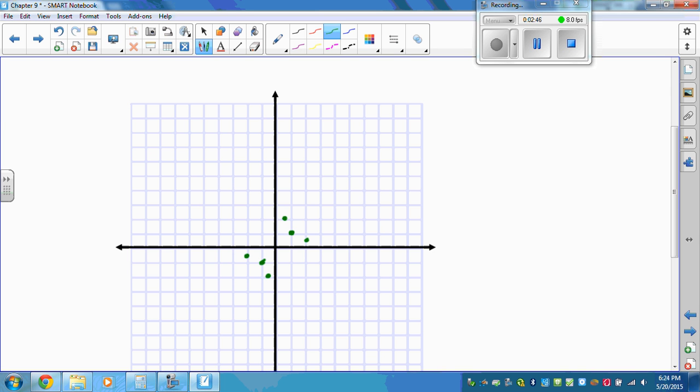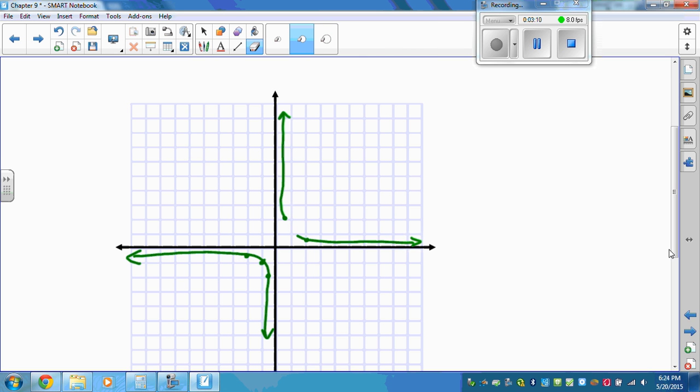In fact, if we put in more points, like a quarter, an eighth, or 1 over 1,000,000, it just keeps increasing up. 1 over 1/1,000,000th is a million. And as x gets bigger, this would get closer and closer to 0. Similarly, on this side, it looks something like this. So this is what the base graph looks like.